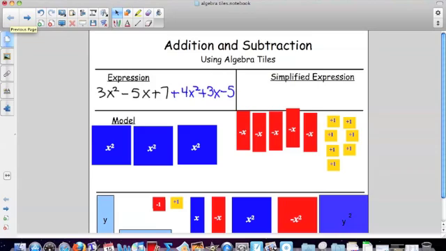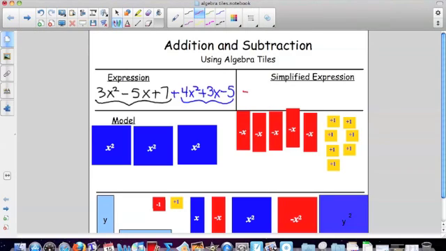So my trinomial, because there are 3 terms here, 3x squared minus 5x plus 7, I have attempted to illustrate using algebra tiles. Now, when I combine the next trinomial, 4x squared plus 3x minus 5, I'm going to deal with like terms first in case any positive terms cancel out the negative terms in order to get the final simplified expression.